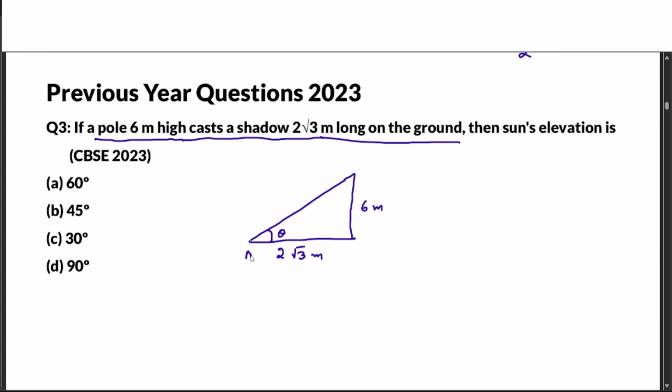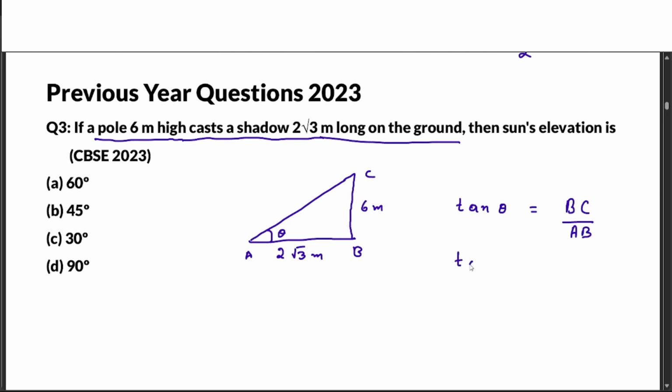So we can mark this observer point, A, B, C. In this one you can see we have been given the perpendicular and base, and we have to find the angle of elevation. So where we use the perpendicular and base, that is tan. So tan theta is equal to BC over AB, that is perpendicular over base.